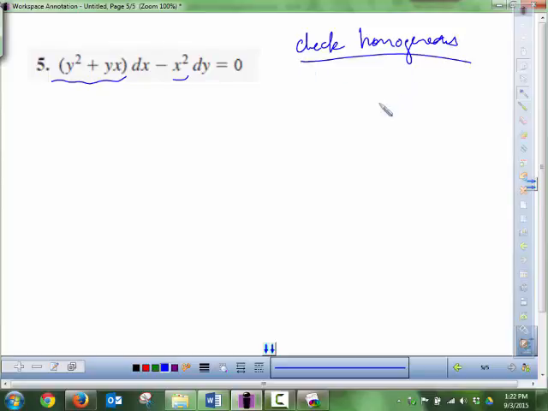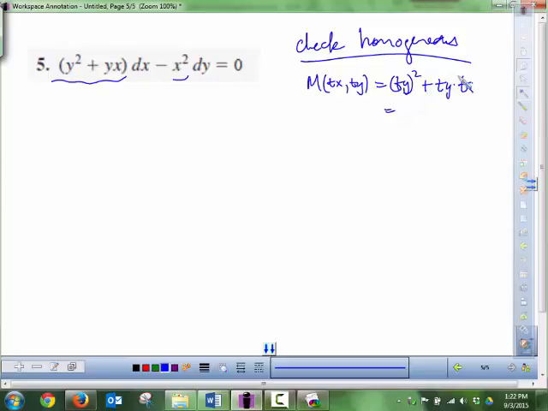So let's check if it's homogeneous. And the way to check that is that if you take m, and then in place of x, you put tx, and in place of y, you put ty. You can pull out a t squared, I think. So this is (ty) squared plus ty times tx.